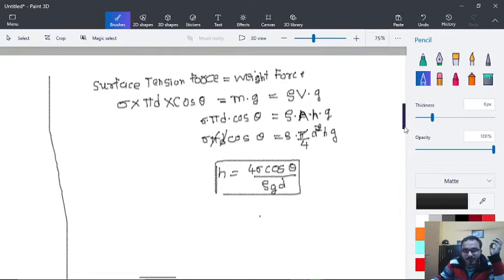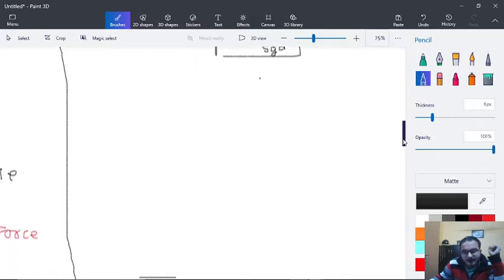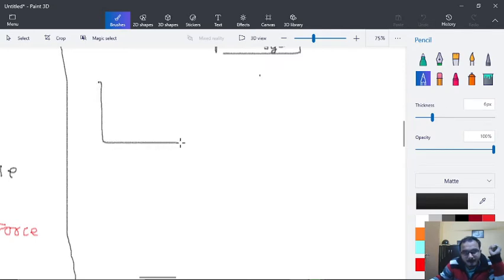Now we are going to derive the formula for capillary fall. Let's say we are having a tube over here, the same tube of diameter d. Here we will be having a different liquid. Let's say we are having mercury.